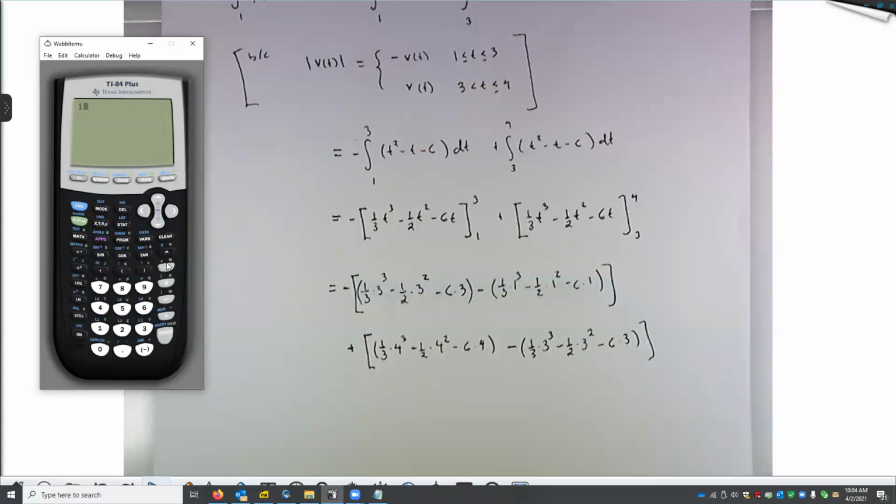So that's 1/3 times 3 cubed. I suppose if I'm being good about this, I should put this in parentheses. Actually, how could I write this more neatly? This is 3 cubed over 3. We'll write it like that. Right, so 3 cubed over 3. Good. Minus 3 squared over 2.